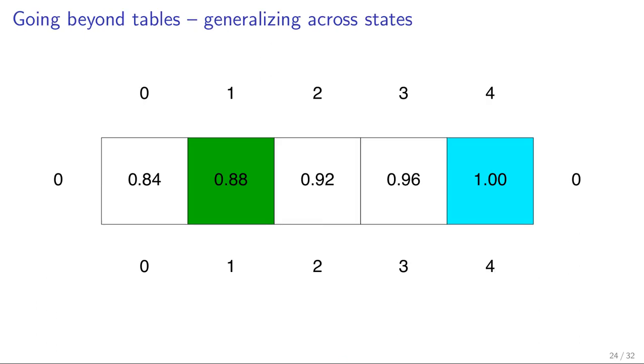And so the important topic with which we will end this lecture is going beyond the tables, generalizing across states. So far we were talking about the V functions and Q functions, and those were represented in tables basically.